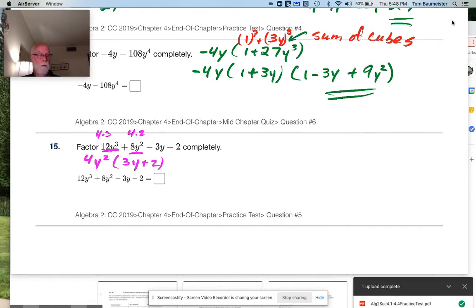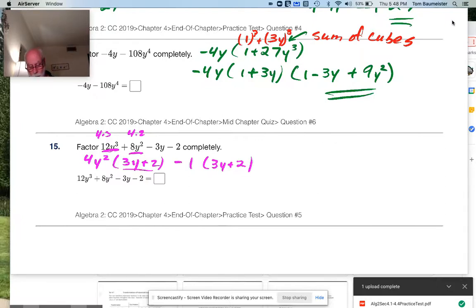Okay, so now remember, what I need to see now is on this one here, I need to have the same thing. So I need a 3y plus 2 here. And how can I get that? Well, can I factor out a negative 1?